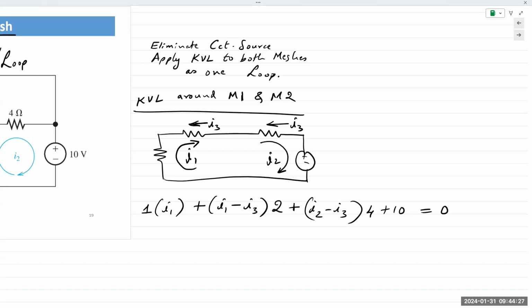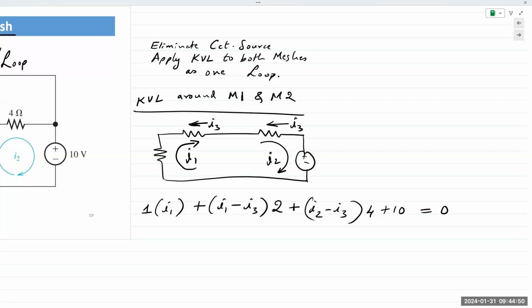So just because we eliminated that current source does not mean we get rid of the mesh currents also. Those mesh currents and the direction that you chose at the beginning of your analysis, they still remain the same. Again, important point, right? Don't change it in the middle of your analysis.